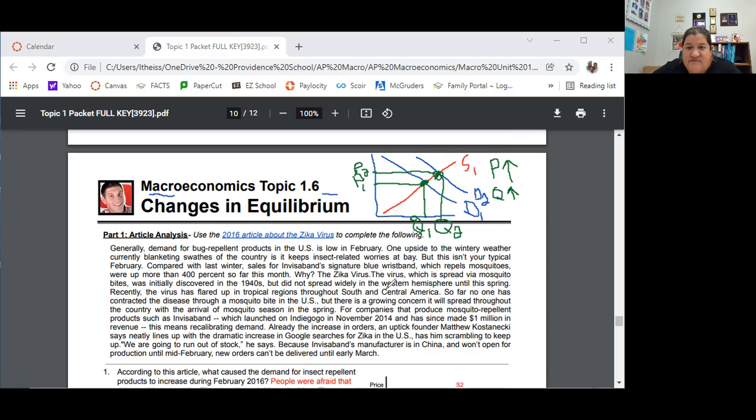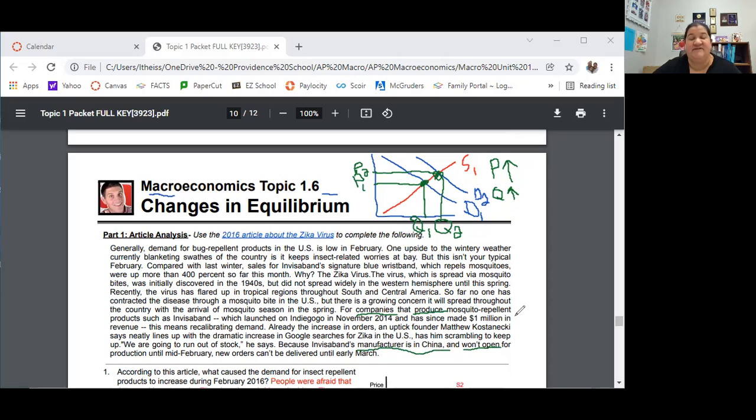Let's see where I can make some space. So then what happens? It tells us everyone buys up all the bug spray, but can we increase our supply? No, we cannot increase our supply because it tells us that the companies that produce mosquito repellent are scrambling to keep up because their manufacturers in China aren't open.